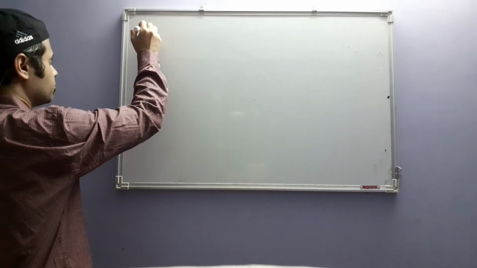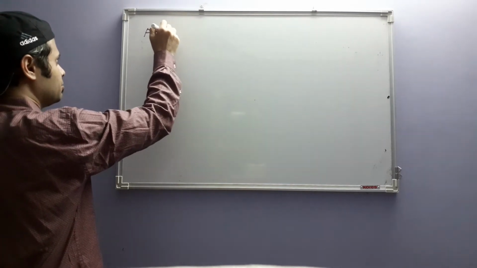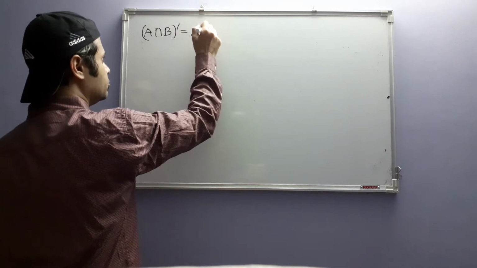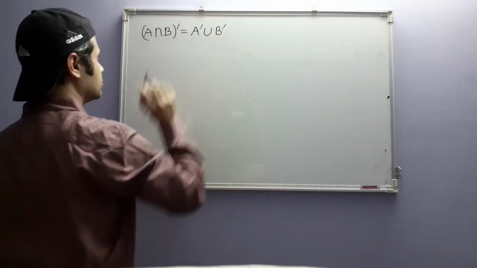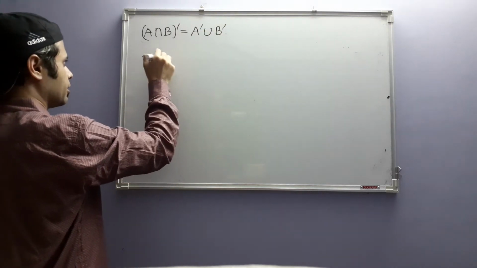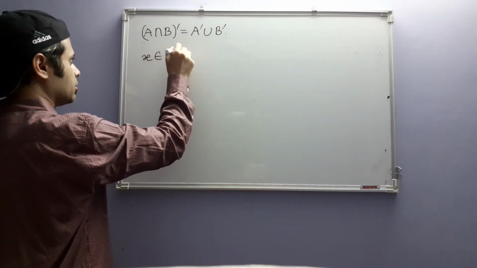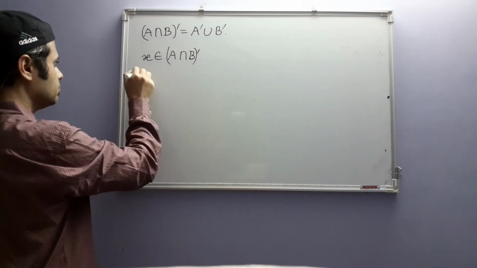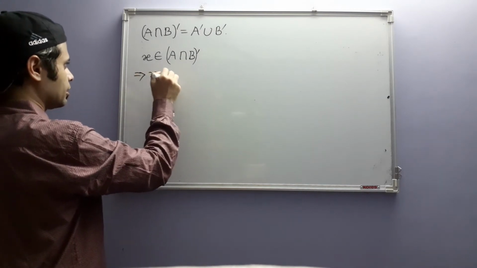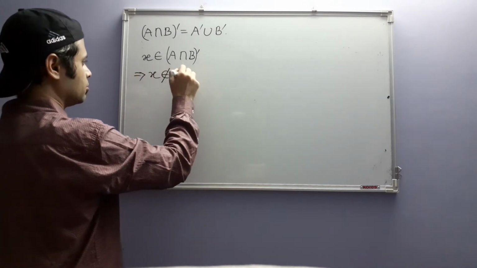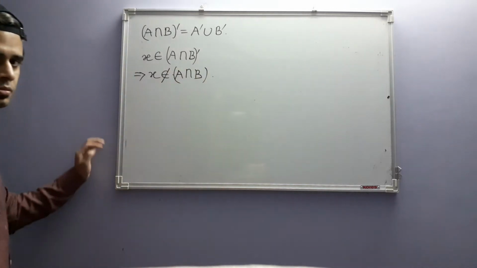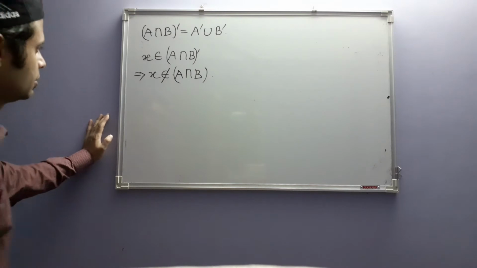So I have to prove that the complement of an intersection is a union of complements. So I take an element here. This means x does not belong to A intersection B. Okay.